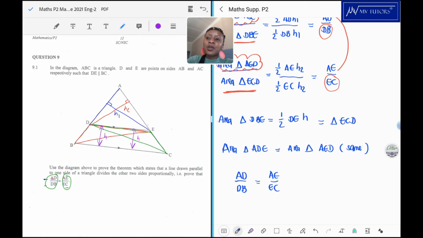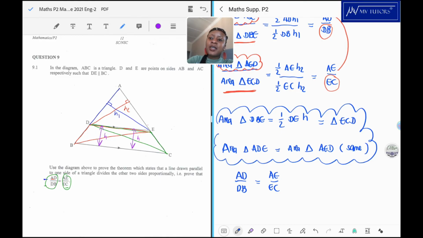It is through this that I showed that they're actually equal. Only then can I put the equal signs, if I show that the two triangles are indeed equal. That is how they would normally write it in the textbooks, but I hope through listening to this, you know why.